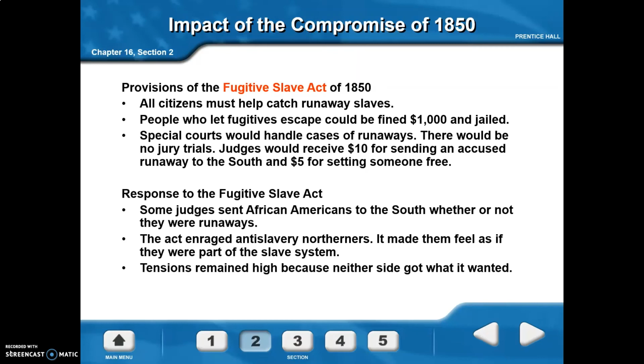But the judges would get more money if they sent an accused runaway slave back to their owner. They would receive $10 for sending an accused runaway to the South, and if they were sending more than one person, they would get more money. And they'd only get $5 for setting someone free. I know that's not that much of a difference, but for the judges, the majority of the time, they would send them back because that $10 was more money.